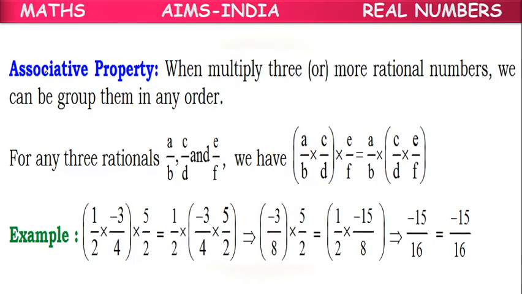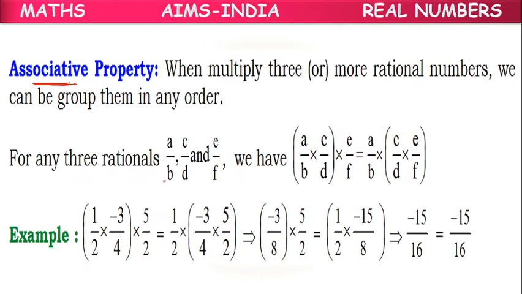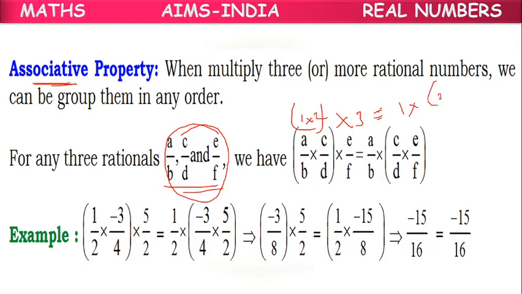Next, associative property. Here, commutative means 2 rational numbers we have taken. Associative means 3 rational numbers we will take. 1 into 2 grouped together, then multiplied with 3. Or 1 is separate, multiplied with 2 and 3.